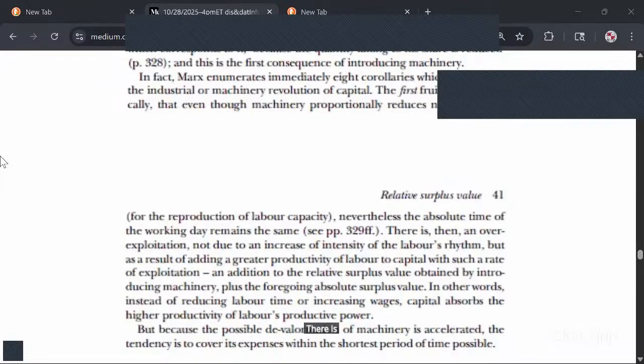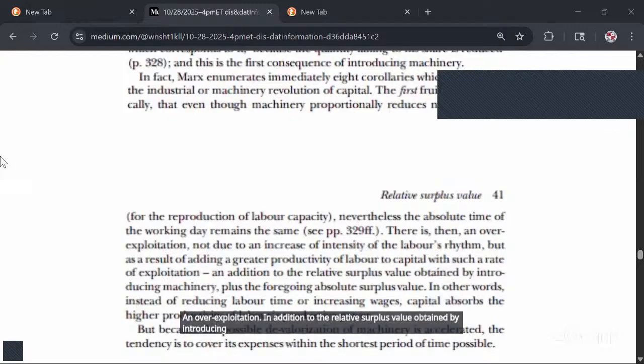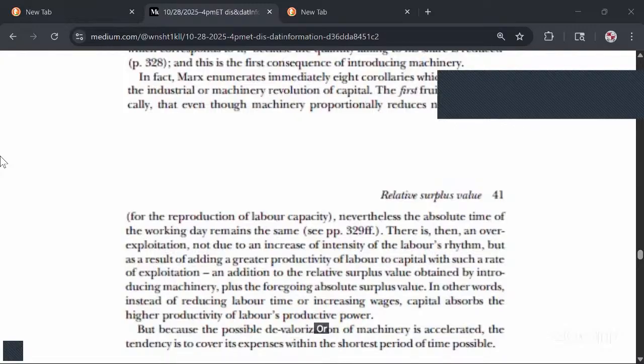There is then an over-exploitation, in addition to the relative surplus value obtained by introducing machinery, plus the foregoing absolute surplus value. In other words, instead of reducing labor time or increasing wages, capital absorbs the higher productivity of labor's productive power.